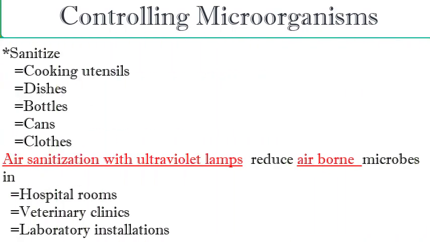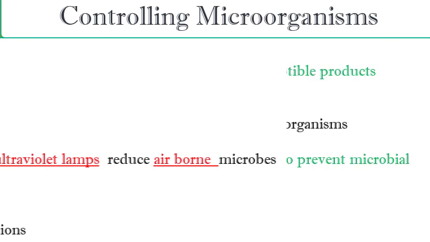Sanitizers are used to sanitize cooking utensils, dishes, bottles, cans, and clothes. Sanitizers may not make materials completely free of microbes, but make them safe for normal use. Air sanitization with ultraviolet lamps reduces airborne microbes in hospital rooms, veterinary clinics, and laboratory installations.